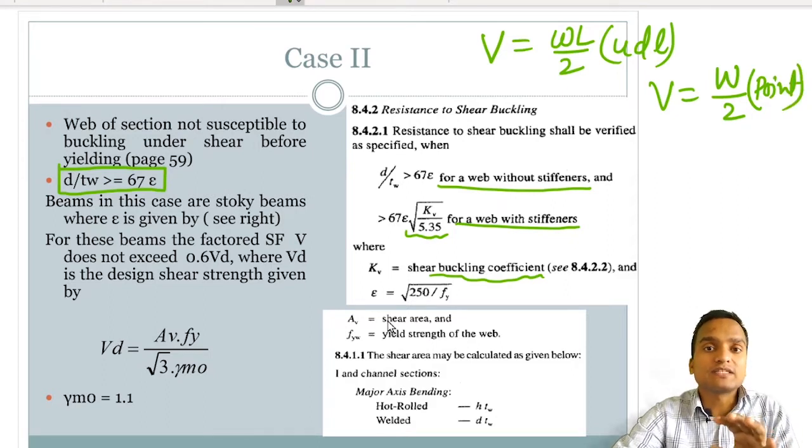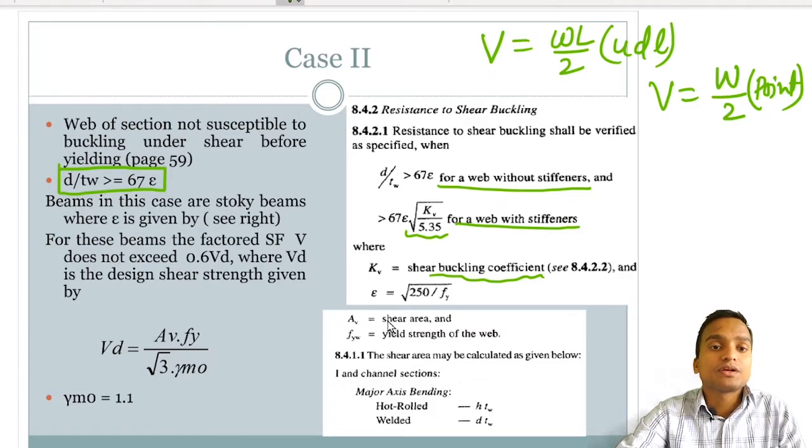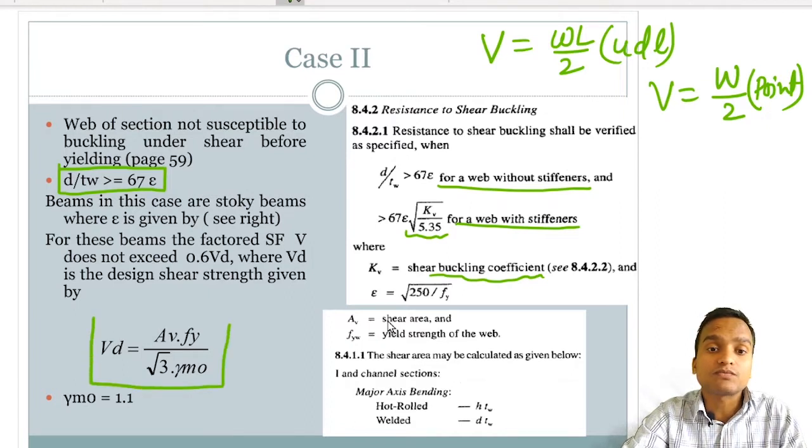So all these basic formulas that we have studied in mechanics or structural analysis will come into action here. Now for those beams, the factored shear force, this value of V does not exceed 0.6 times VD, where VD is the design shear strength or the shear capacity of the section. This shear capacity of the section is calculated by this formula.